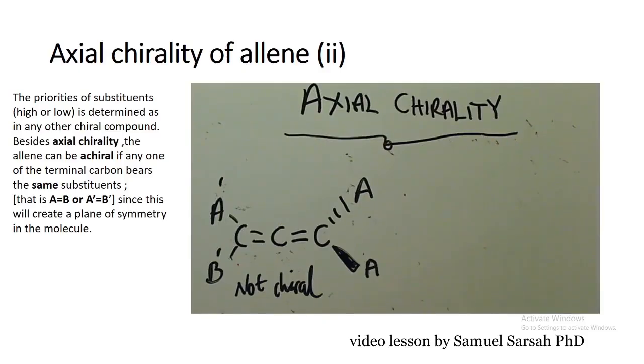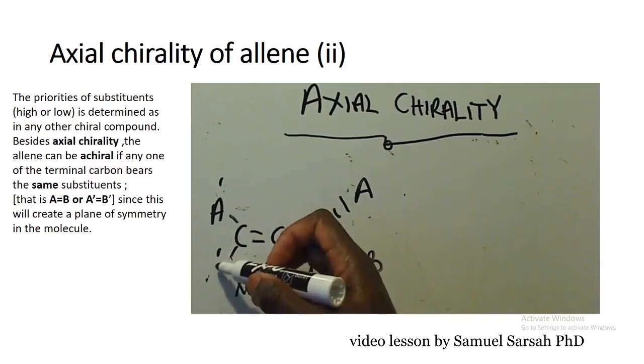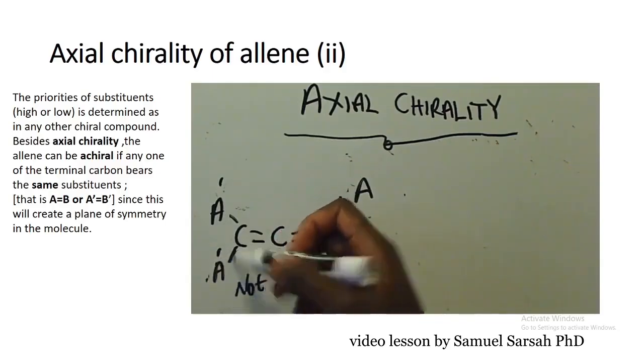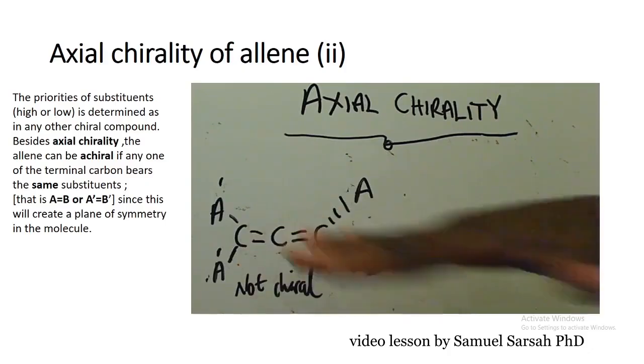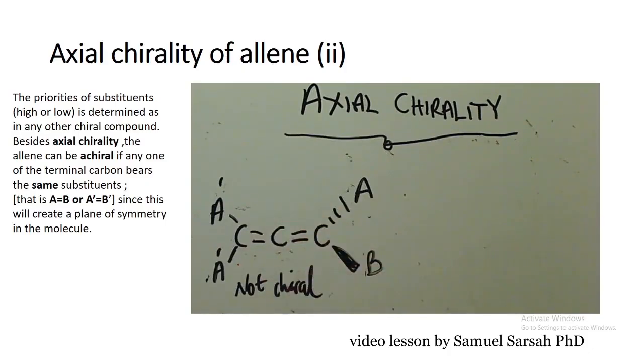And again the same situation if this was different, but this is the same on this, in that case we will have a horizontal plane of symmetry, and this will not be chiral too, because you can cut through like this and you get two equal halves, and this will not be chiral.